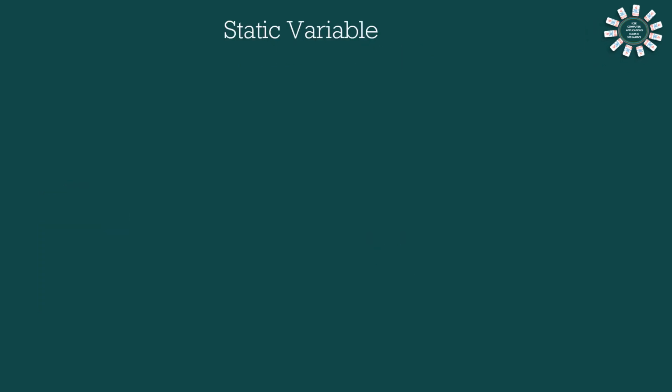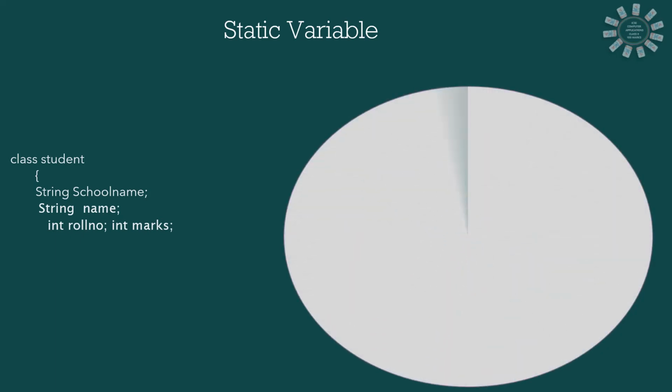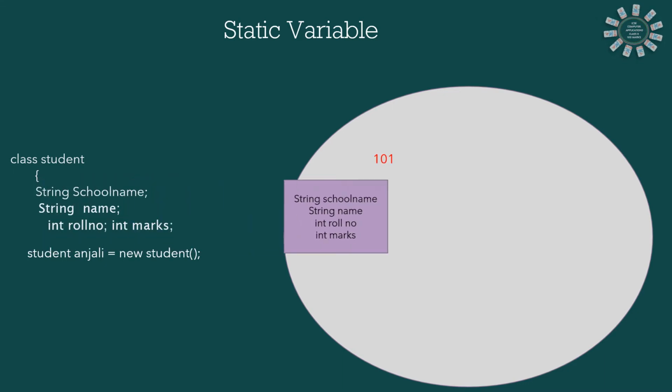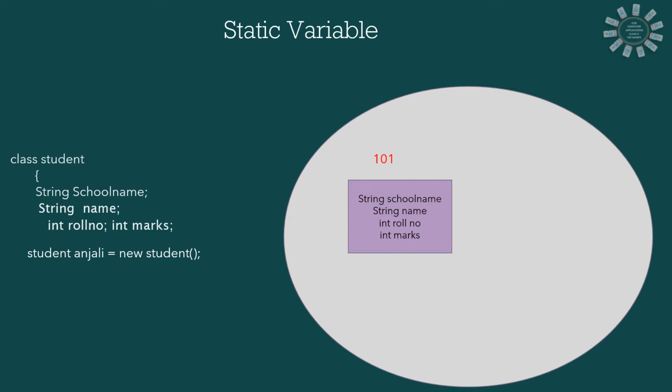We can understand the concept more clearly with this example. Consider the class Student. We have instance variables: String schoolName, String name, int rollNumber and int marks. Class is created. Class will encapsulate functions and data types. So when you create an object Anjali, here we are creating the first object, one copy of all the instance variables will be created, for example schoolName, name, rollNumber and marks, and it will be allotted to the object Anjali.